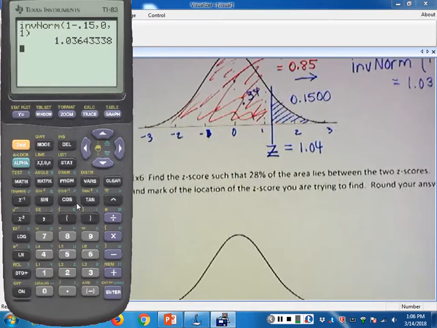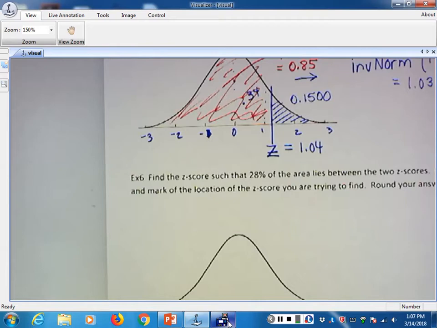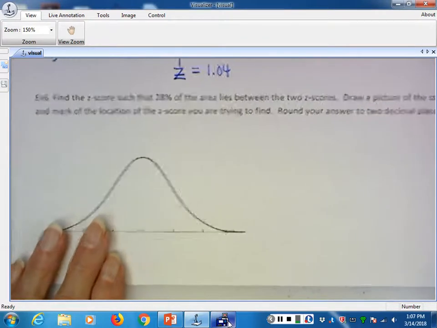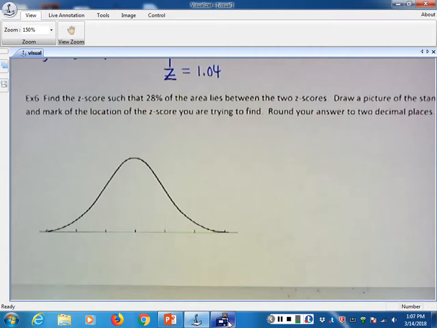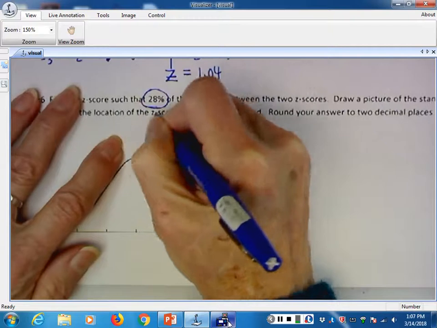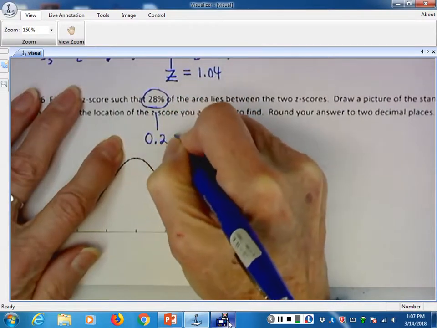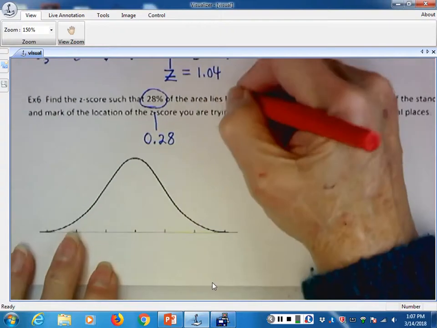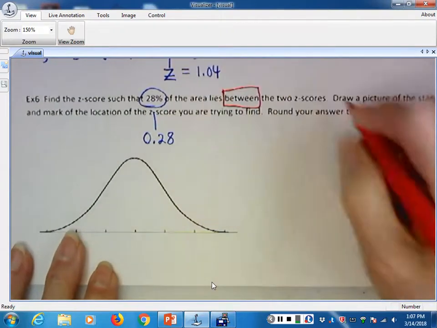Last example. Find the z-score such that 28% of the area, which you have to change to a decimal, lies between two z-scores.